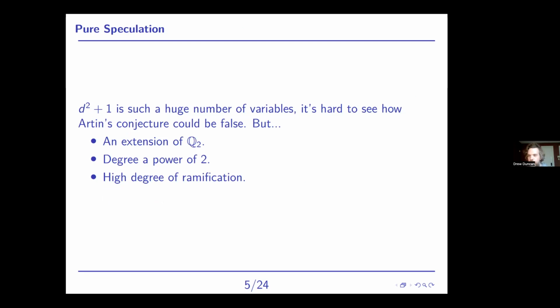So today, for anyone that has any hope of looking for a counterexample, I want to undermine a little bit of that hope by giving a proof in a case where we have a high degree of ramification, in fact, an arbitrarily high degree of ramification, and maybe I can give some tools for dealing with that situation.